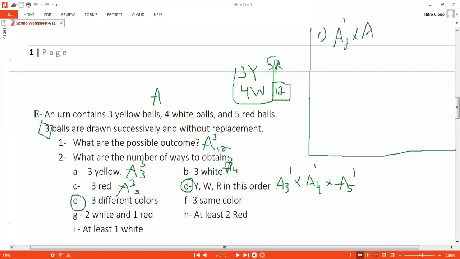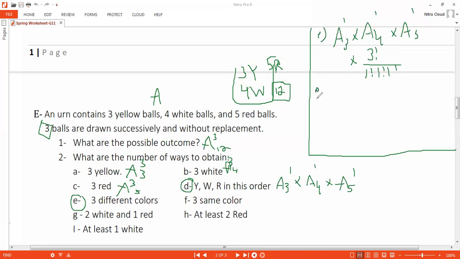A 1 3 times A 1 4 times A 1 5. That's true, but I still have to multiply this by 3 factorial because I have 3 balls, 1 white, 1 yellow, 1 red. So pay attention. If they didn't give you the order, you have to put factorial.